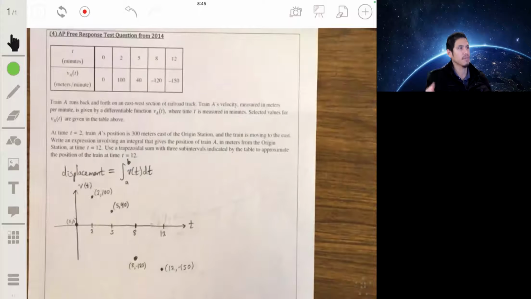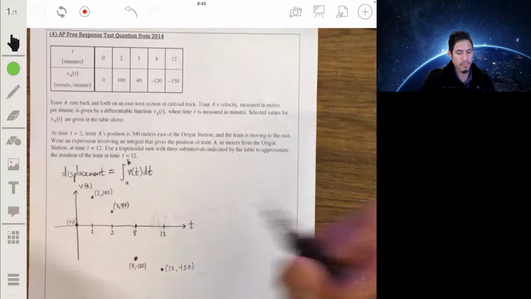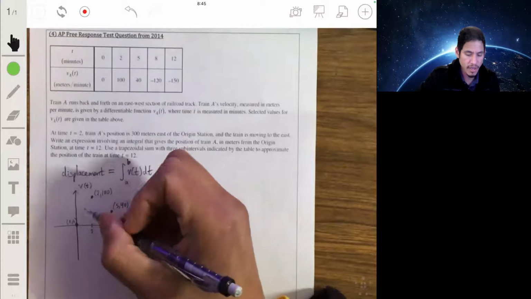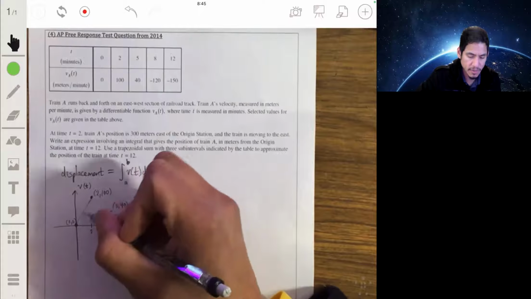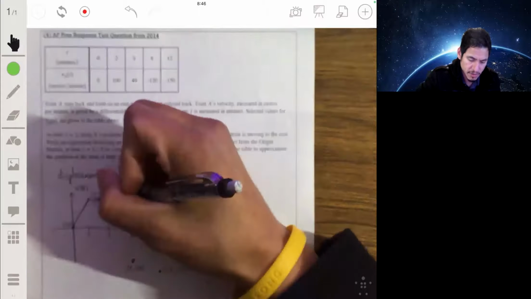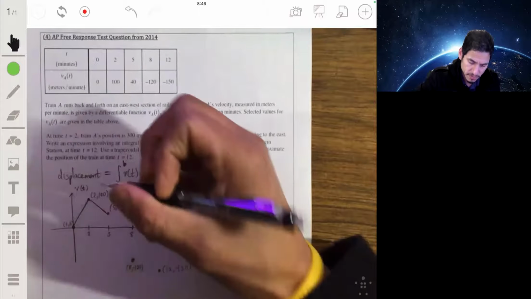Now, since we know this velocity function is going to be continuous, we can get an idea of what's going on with it by just connecting these points, assuming nothing crazy happens between those intervals.